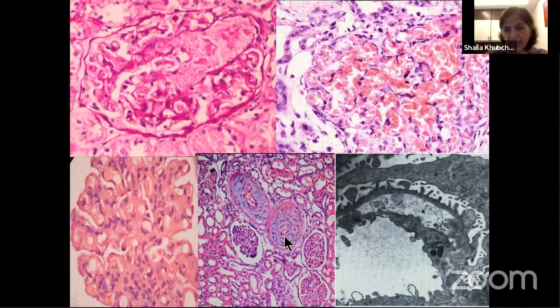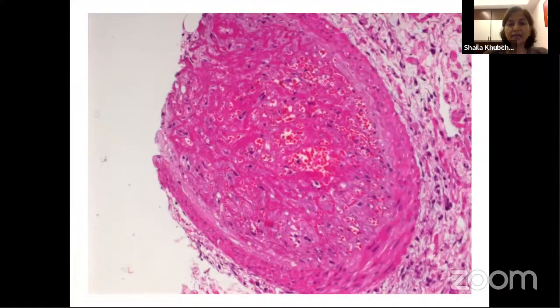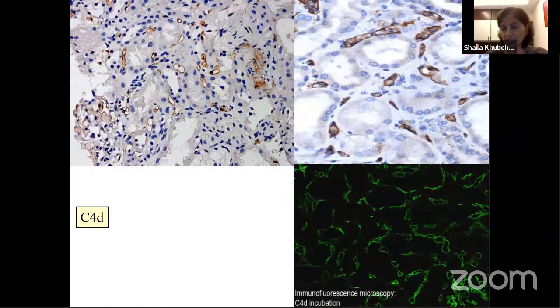You can see here myxoid change, fibrin-like material, and vacuolization of the lamina densa. Sometimes medium-sized vessels also show the fibrin material almost as if it is forming a thrombus, and all these put together give you a diagnosis of active humoral rejection.